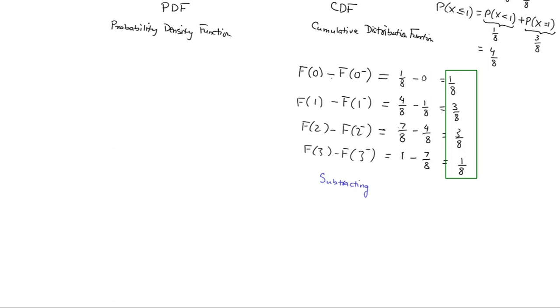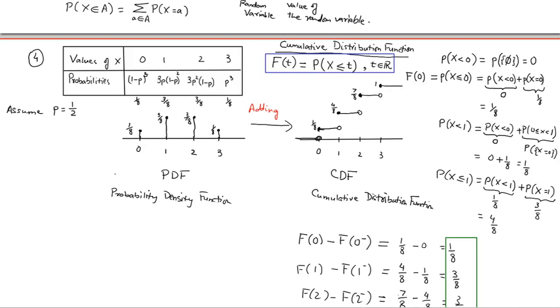You were subtracting the cumulative distribution function values, and they gave you the PDF. Okay, so you start with CDF and you subtract, it gives you the PDF. And if you start with the PDF and you add, it gives you the CDF. So there is a link, there is a relationship between the probability density function and the cumulative distribution function.